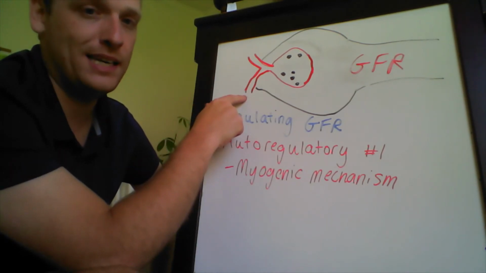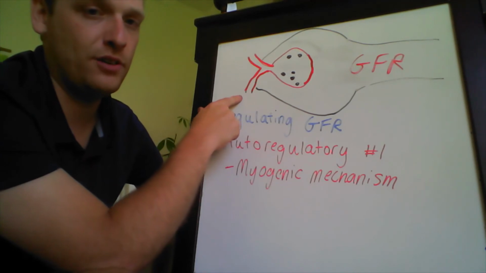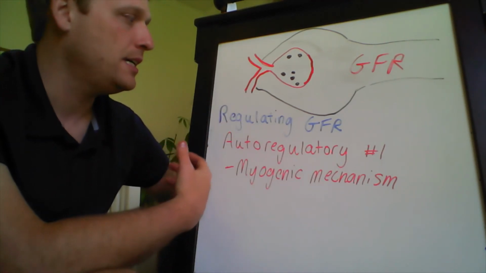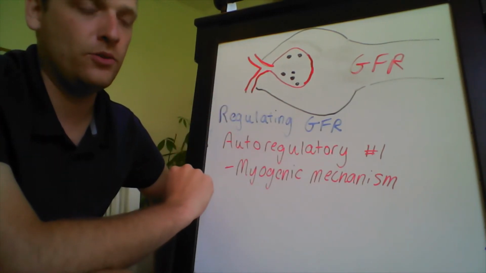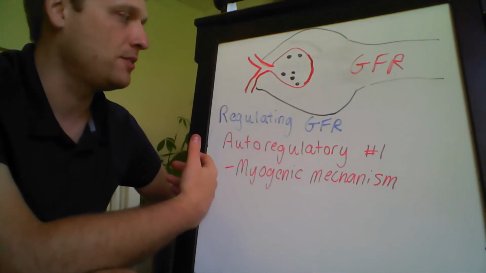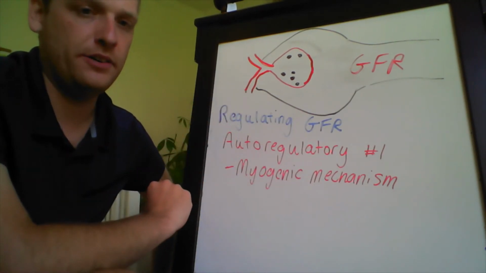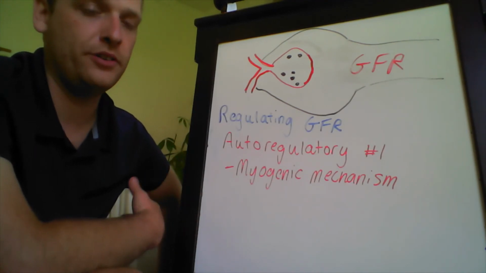And that's when you get dilation of smooth muscle surrounding the afferent arteriole. So that is the myogenic mechanism, either contracting or relaxing smooth muscle surrounding the afferent arteriole. And that will ultimately control glomerular filtration rate.